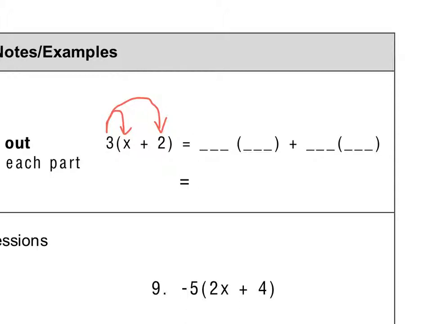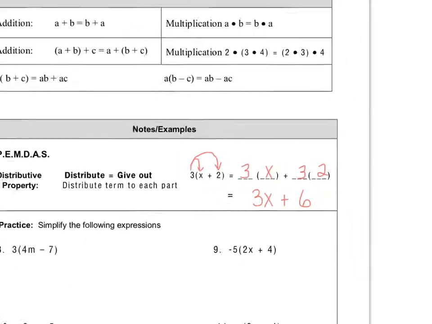So once you draw your double arrows, we've got the outside is a 3, and it's getting multiplied times this first term, which is x. And then we do it again. Our outside is a 3, getting multiplied by the second term, which is a 2. And then we simplify. 3 times x is 3x, plus 3 times 2 is 6. Okay, so that's the distributive property.